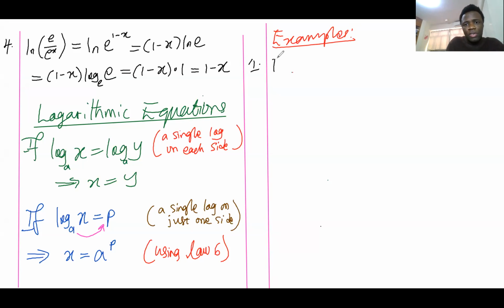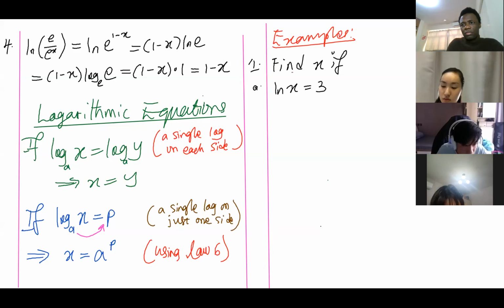Find x if ln x is equal to 3. Now, what is ln again, everybody? Log e. Log base e. So feel free to write it as log base e before you proceed.